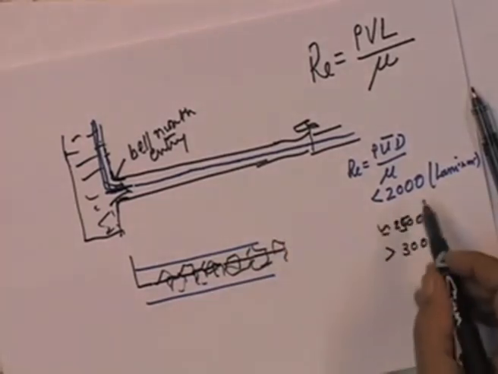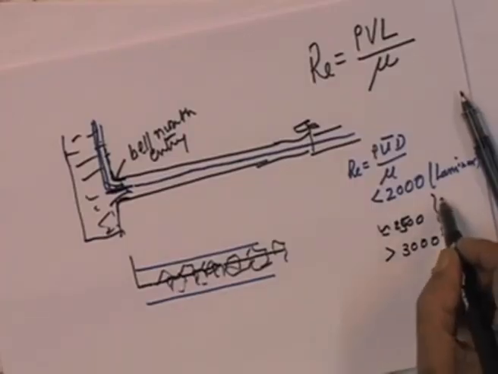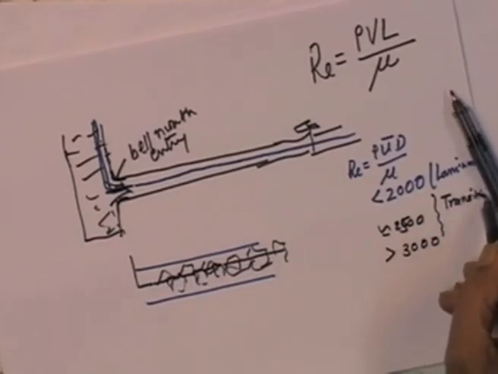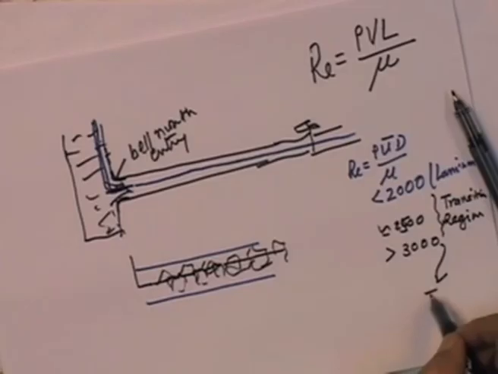In this range, let us say between 2000 to 2500, or even up to 3000, is called the transitional Reynolds numbers or transition regime, and certainly greater than 3000, we would call it as turbulent flow.